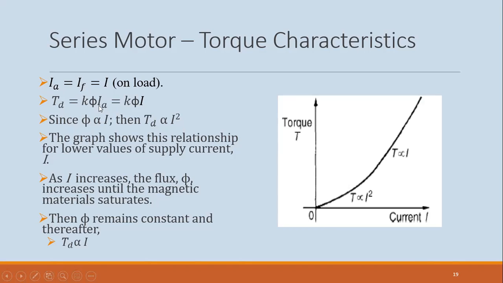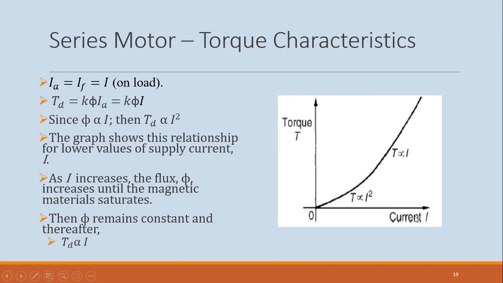So I times I, torque is proportional to I squared. All right, so it showed this relationship for the early part. So torque is proportional to I squared.